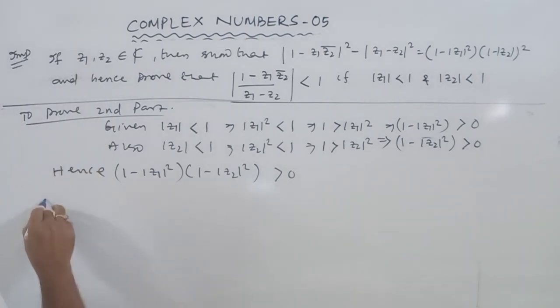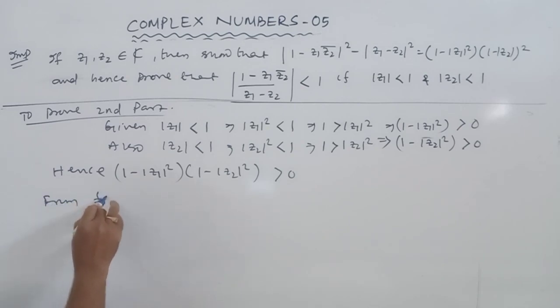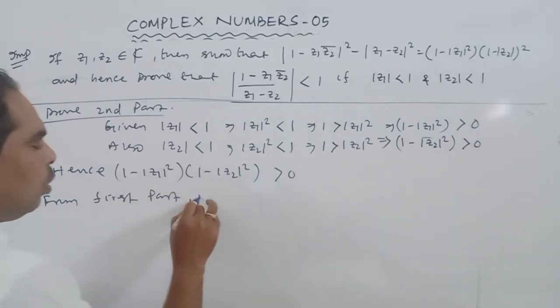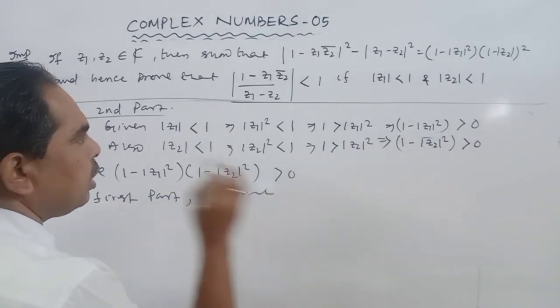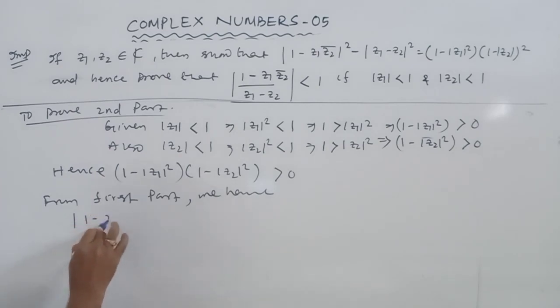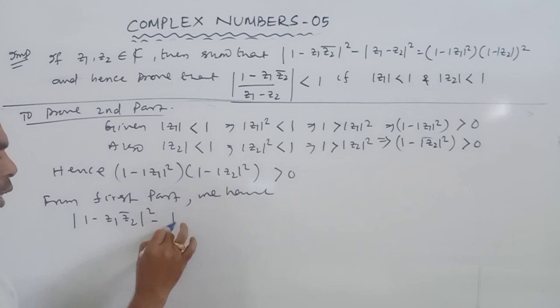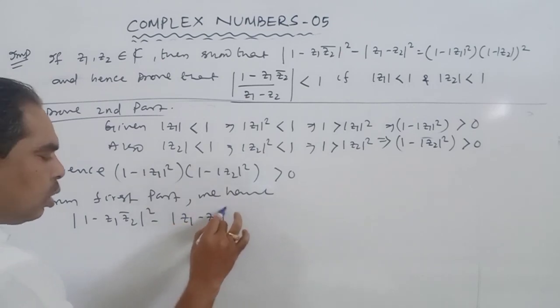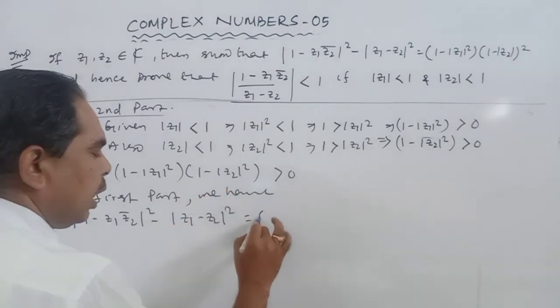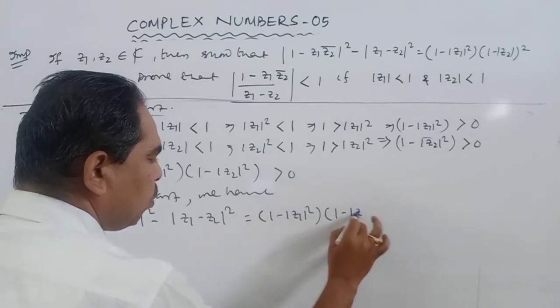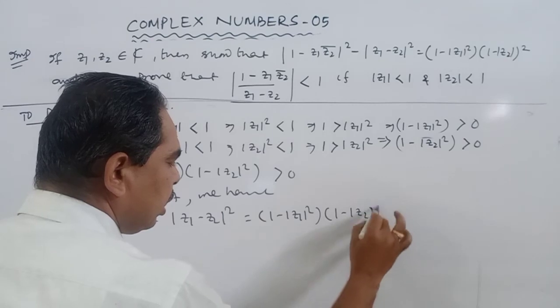We have from the first part: mod of 1 minus z1 z2 bar whole square minus mod of z1 minus z2 square is equal to 1 minus mod z1 square into 1 minus mod z2 square.